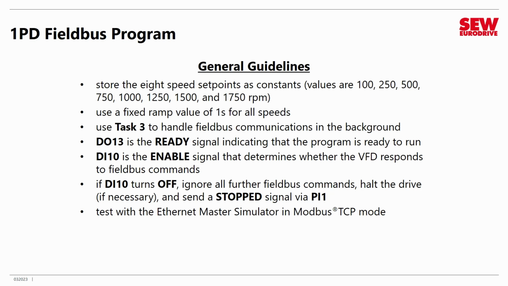This is often done on these kind of applications so you can sort of isolate the VFD from the Fieldbus just by turning a switch. So if the drive is running and DI10 goes off, stop listening to the Fieldbus, halt the drive, but do send a stop signal back to the PLC by PI1. In other words, turn that bit that signals stopped to signal that. So when it goes down and stops responding, it should send one final PI1.